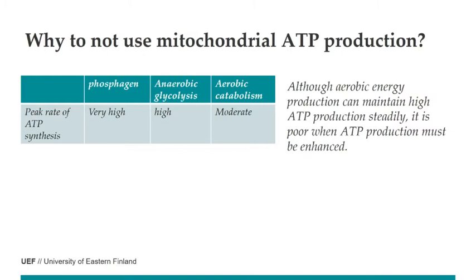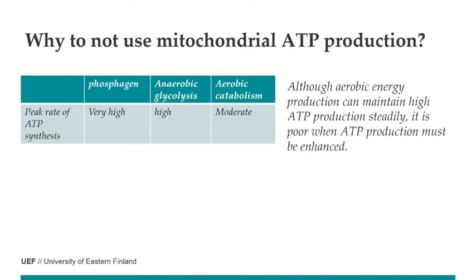With the phosphagens, you can release a lot of ATP immediately, or actually you are increasing the phosphate for the ADP to produce ATP. But anyway, the ATP concentration can be increased very fast. And even in anaerobic glycolysis, you can upregulate these enzymes to produce more ATP quite fast. So with these 2 ways that do not use oxygen, you can increase the ATP synthesis quite fast, within seconds.